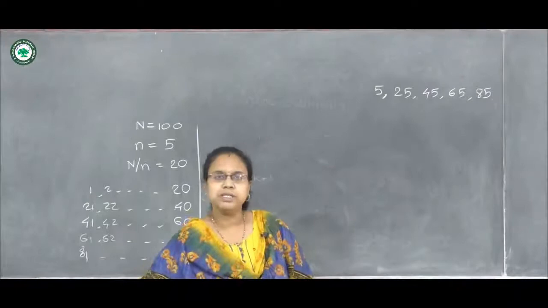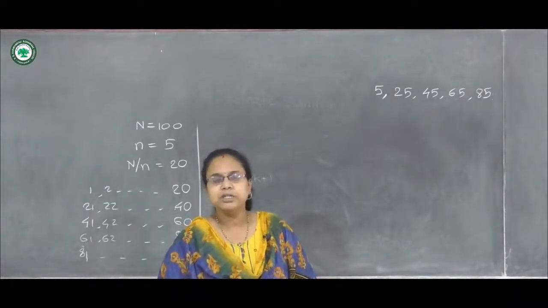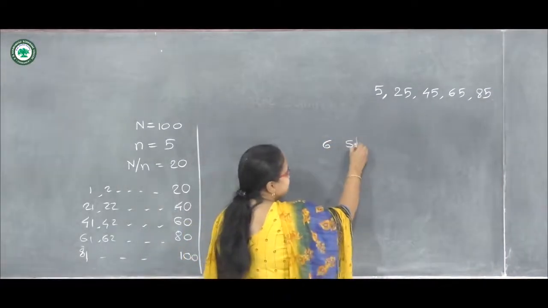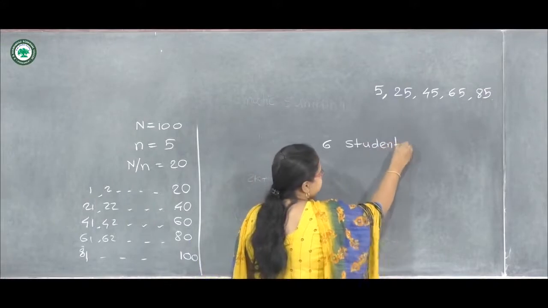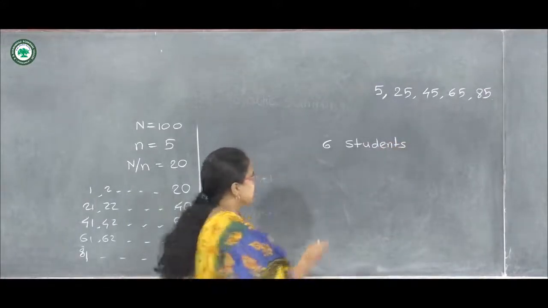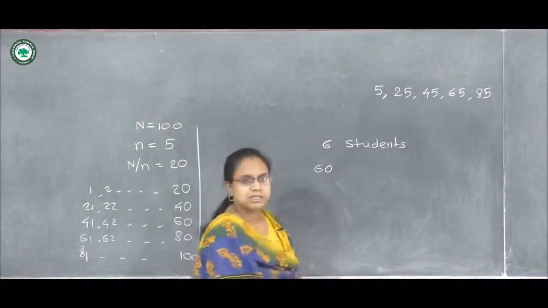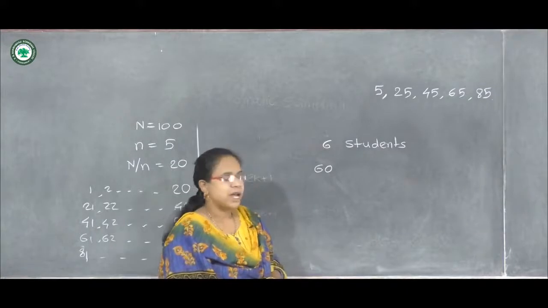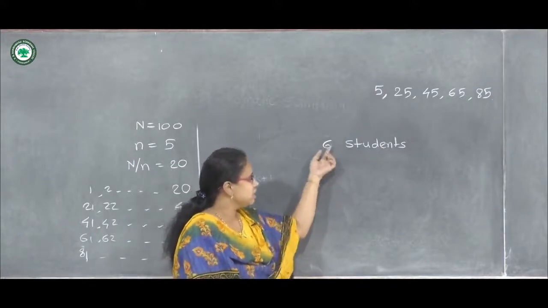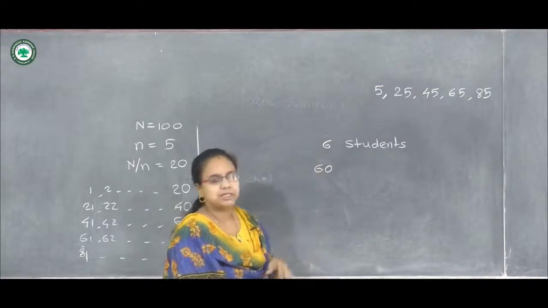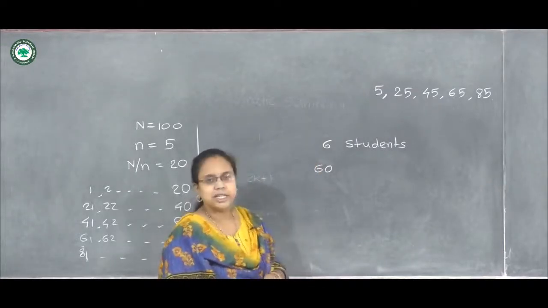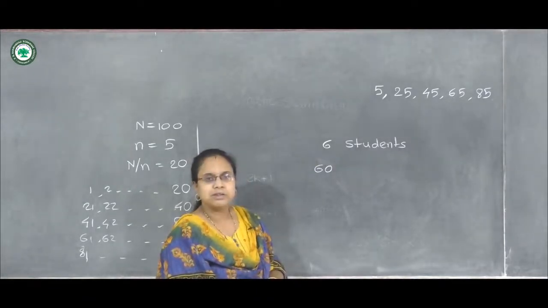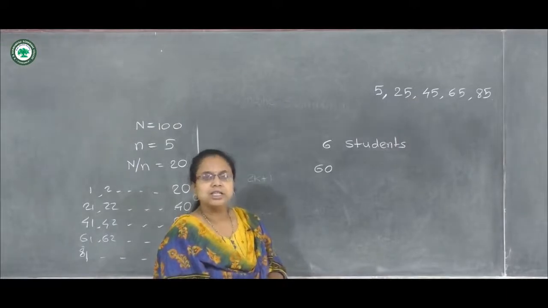There are some examples related to the systematic sampling method. Suppose I want to form a 6 student committee from 60 students. So 60 is the class strength and I want 6 students in my committee. So I can arrange these 60 students in 10 groups because 60 upon 6 is 10. Any one group is selected, so my 6 students get automatically selected in my sample.